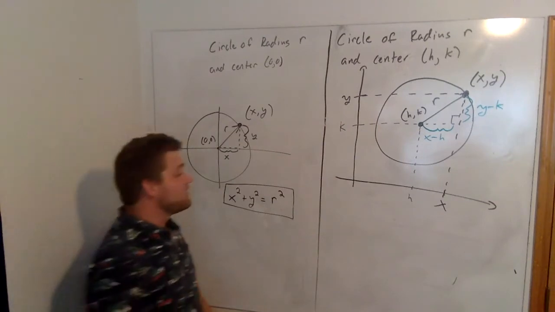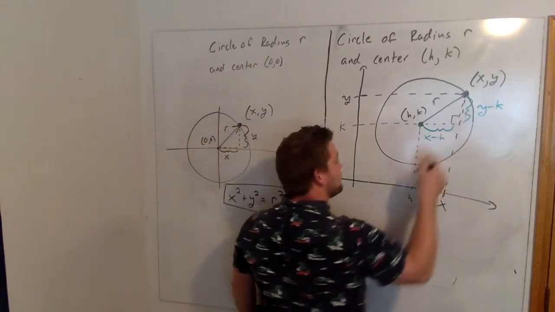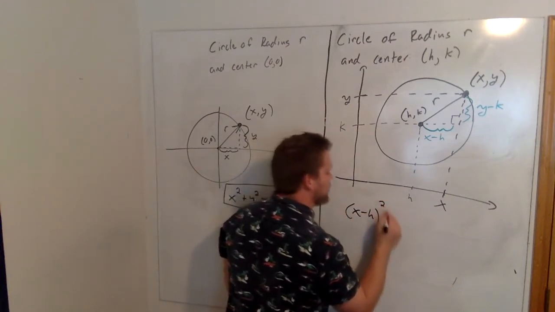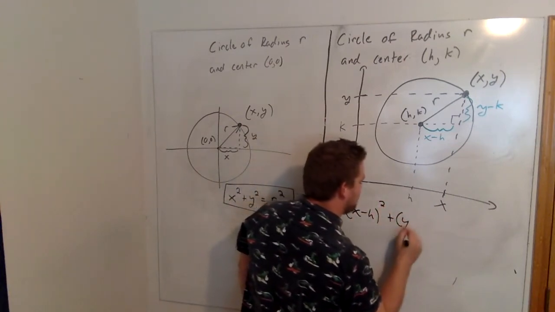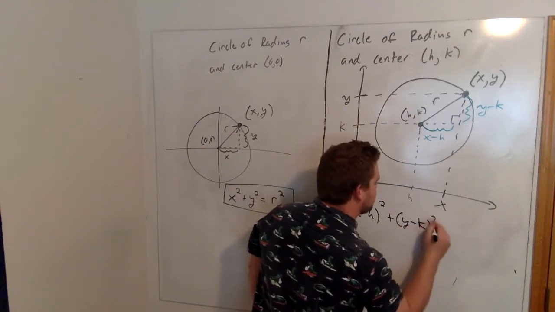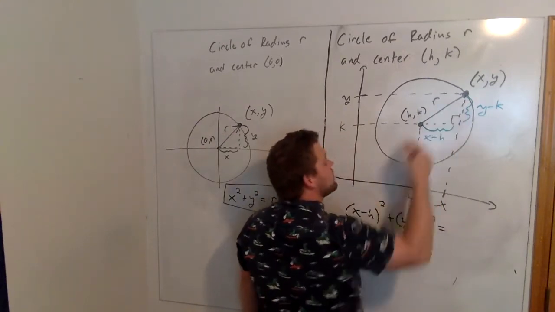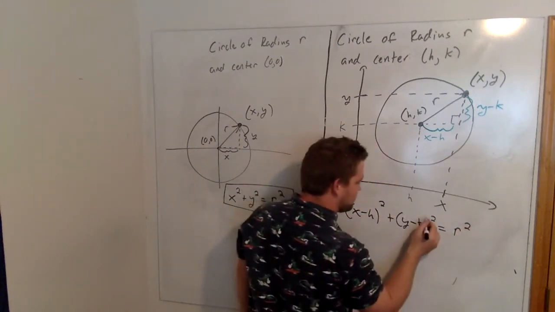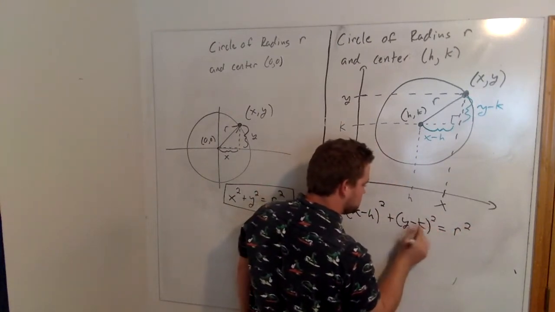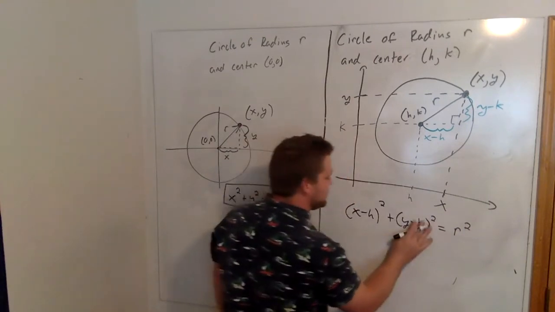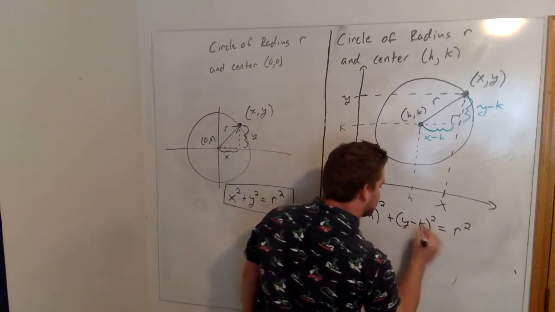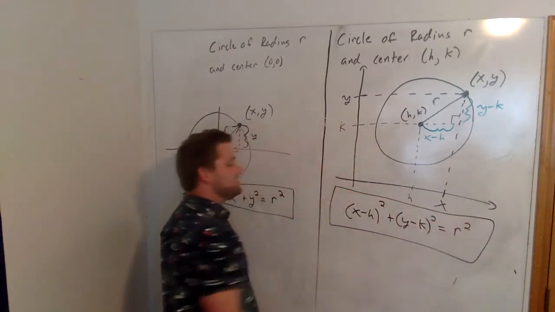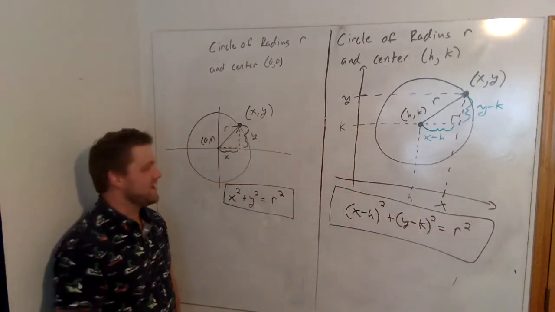Now if we use the Pythagorean theorem, the sum of the squares of the legs, (x minus h) squared plus (y minus k) squared, will be equal to the square of the hypotenuse, which is r squared. Beautiful. So here we have the general equation of a circle of radius r centered at (h, k).